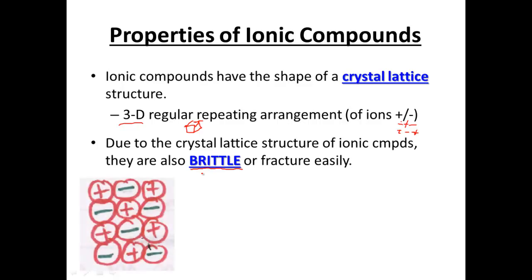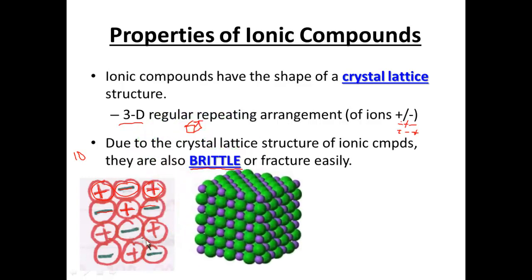What I would like you to do is draw out, in number 10 in your notes, the picture we have here, where a circle is our positive ion, next to a negative, next to a positive, and keep alternating, so each positive is surrounded by negatives. So we have a repeating crystalline structure.